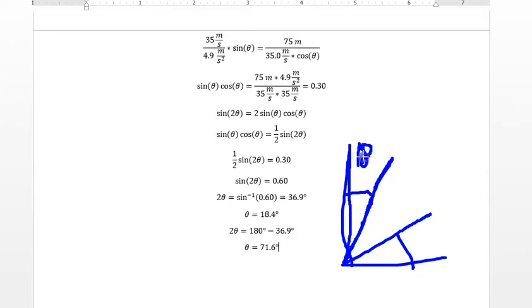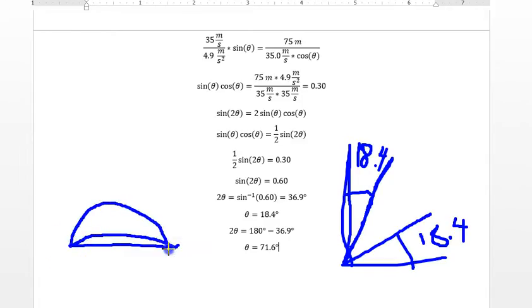So 18.4 degrees here, or 18.4 degrees there, are actually both solutions to our problem. One of them is a solution where it arcs like this and goes over. The other solution arcs up and comes back down in the same spot.